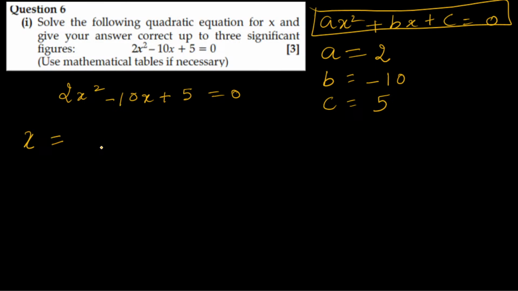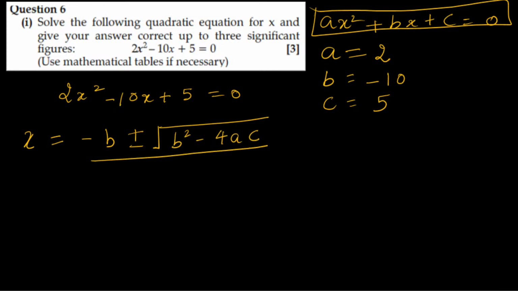The quadratic formula is x equals minus b plus minus square root of b square minus 4ac, all divided by 2a. Here b square minus 4ac is the discriminant, but we need the full formula. Now we can substitute the values.